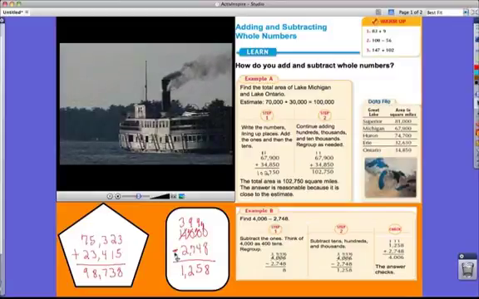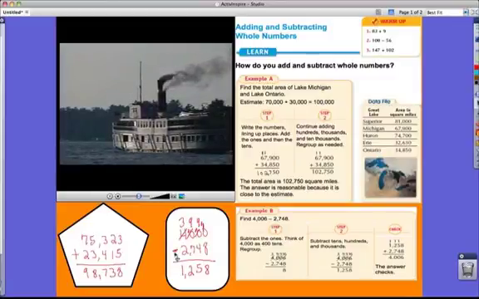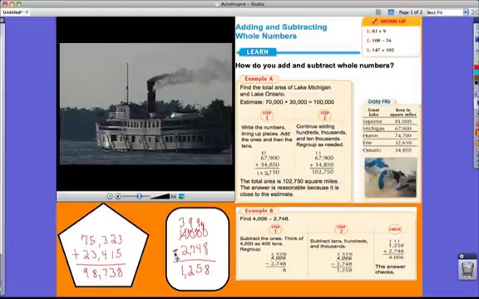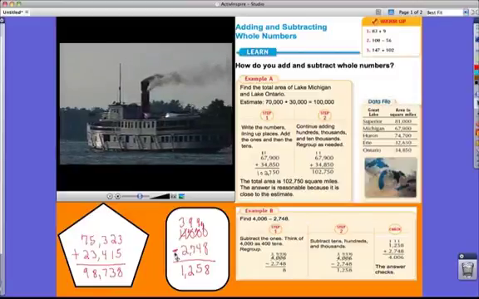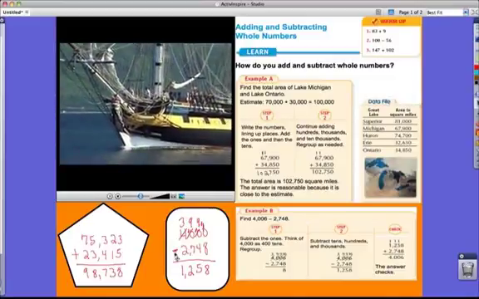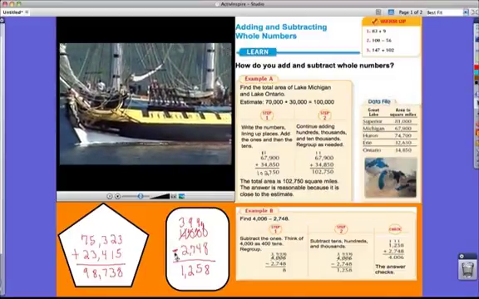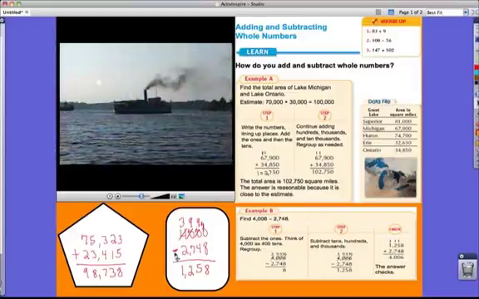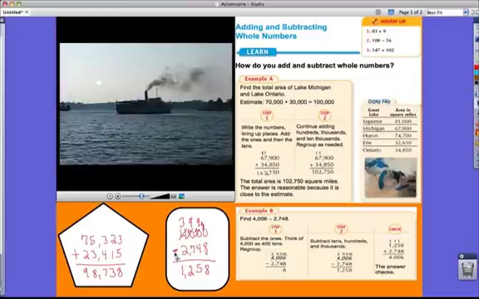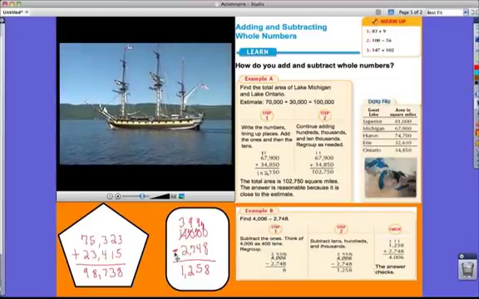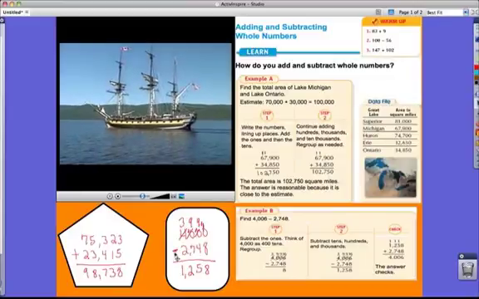By the early 1800s, wooden steamships appeared, followed in the 1880s by steel-hull vessels. By the 1800s, the Great Lakes were the busiest waterway in the world. Thousands of vessels sailed and steamed across the lakes, transporting raw materials, finished products, and passengers.